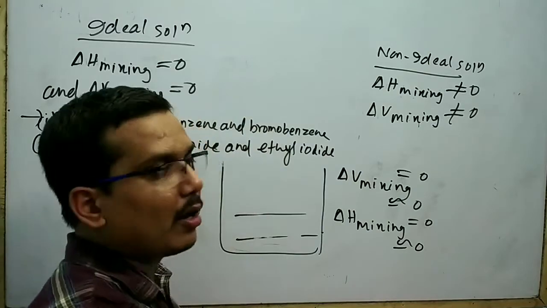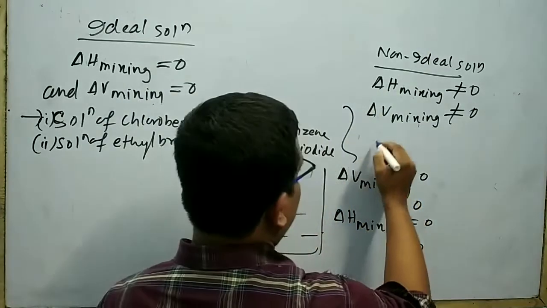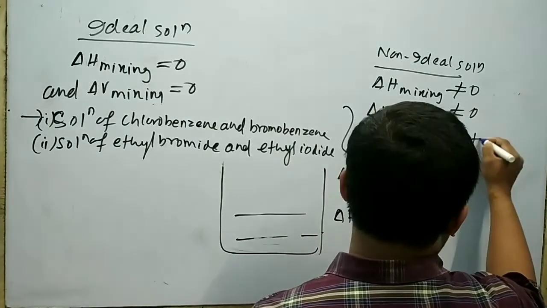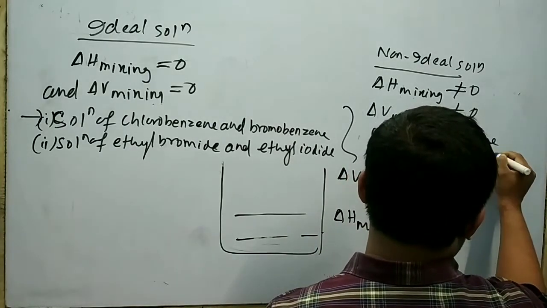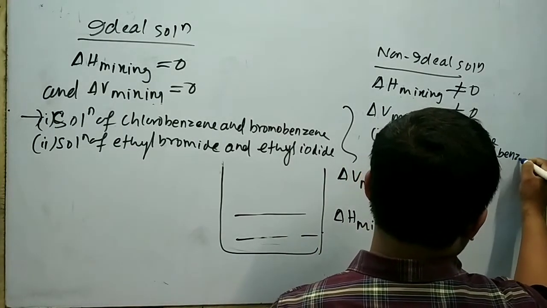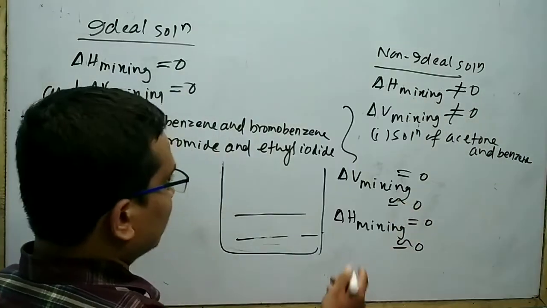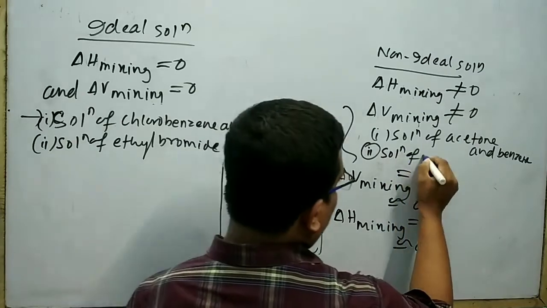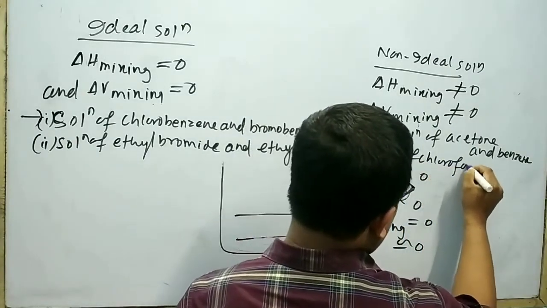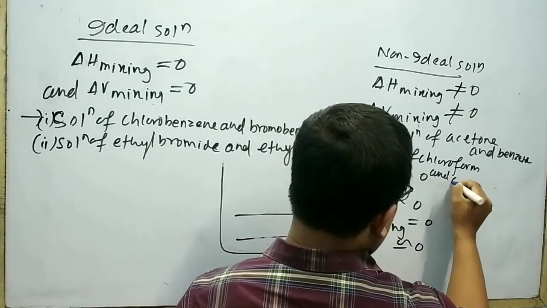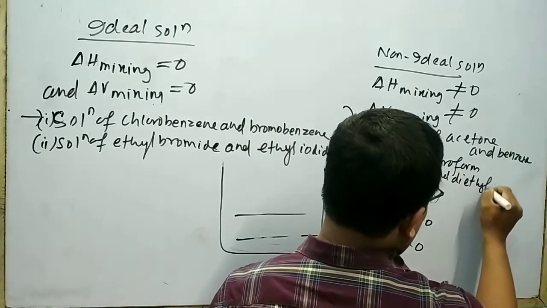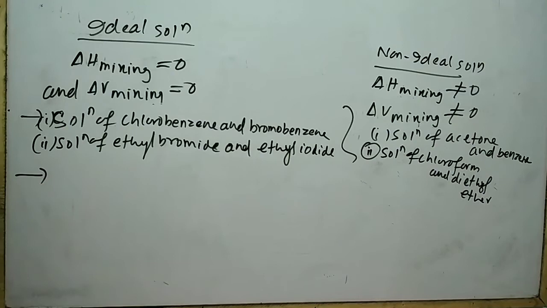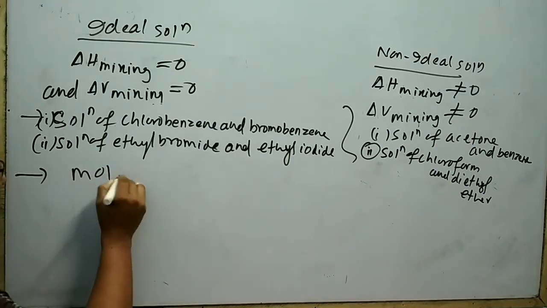The examples of non-ideal solution are your solution of acetone and benzene. Second example is your solution of chloroform and diethyl ether.